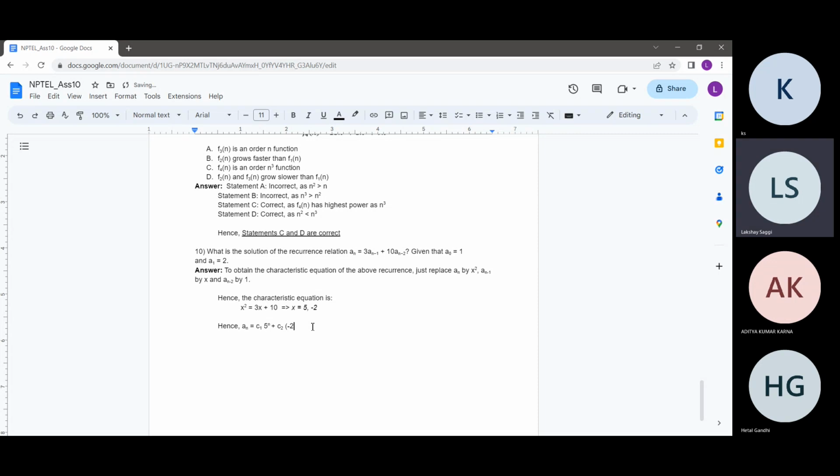So a_n will be c1 times 5 raised to the power n plus c2 times minus 2 raised to the power n. I hope this is clear to you guys. This is how you write the final solution, basically a linear combination of the two roots. So this is the value of a_n.